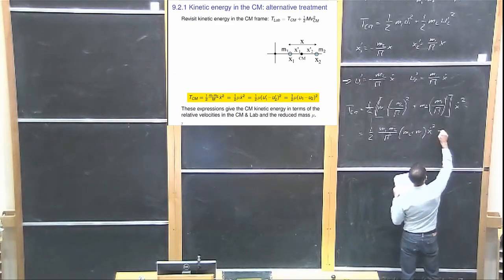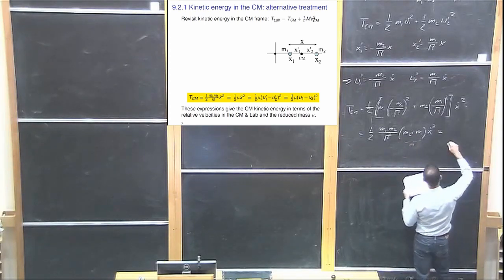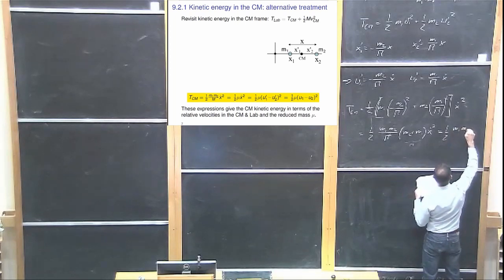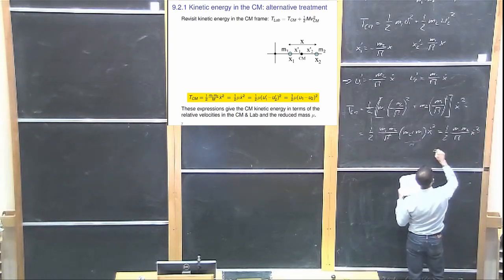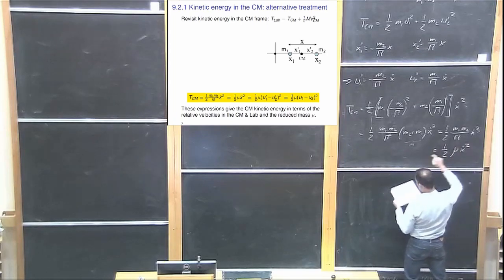And this one is of course also M, which cancels this term, and we end up with 1/2 m1 m2 over M x dot squared, and this is of course the reduced energy there.